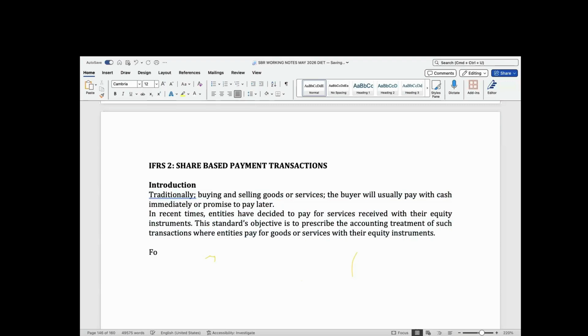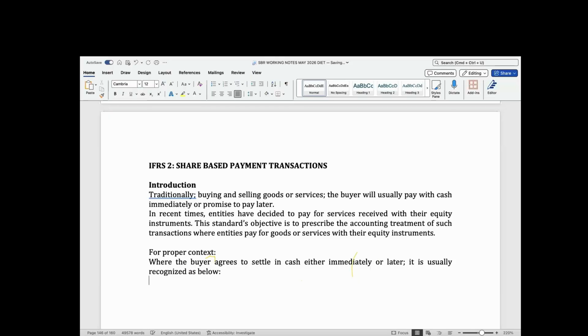Now, for proper context, right? So where the buyer agrees to settle in cash either immediately or later, it is usually recognized as below.